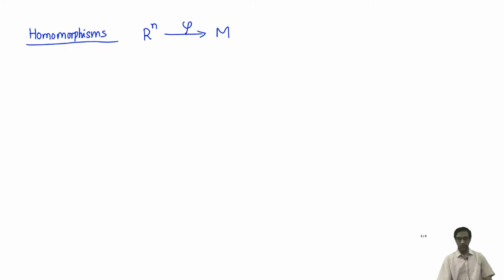A homomorphism is uniquely determined by its values on a basis. So a homomorphism phi to any module M is uniquely determined once you tell me what the basis elements go to, by the values phi of ei.